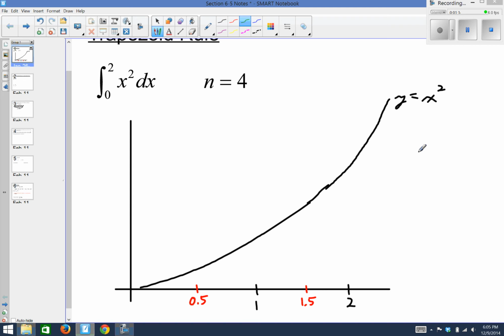remember the area of a trapezoid is 1/2 the height times base 1 plus base 2, or the average of the bases times the height. Now the bases are the parallel sides and the height's the distance between those.